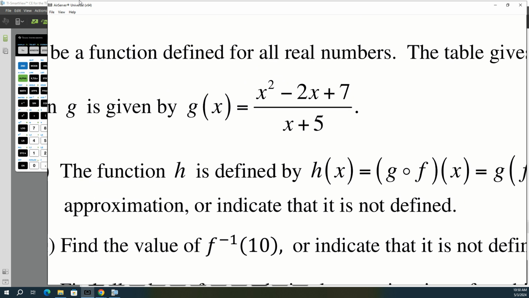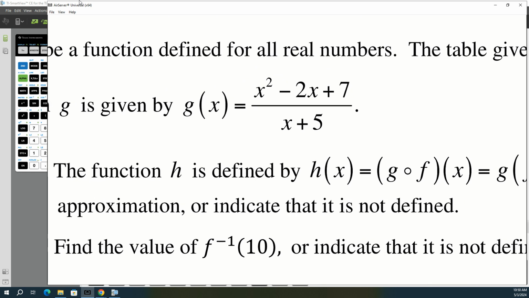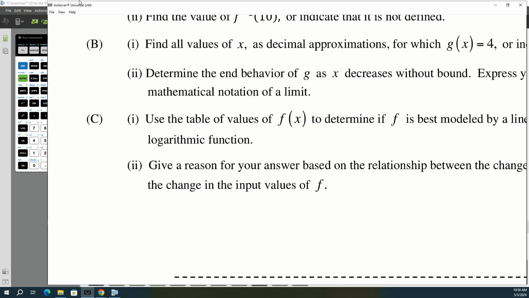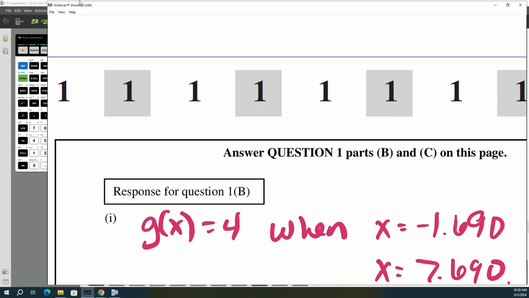We did this a long, long time ago. I don't expect you to remember this without me reminding you, but you might. What we did to find the end behavior is we would divide the largest degree term of the numerator by the largest degree term of the denominator, and that is how the ends are going to act. So I'm going to write that out, and hopefully it's going to refresh your memory.